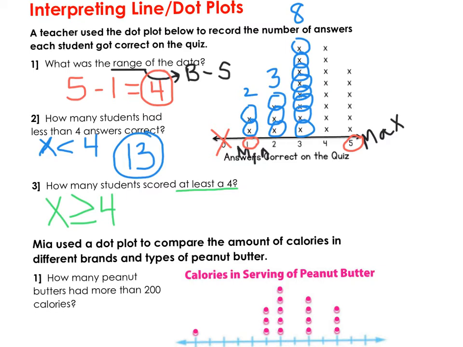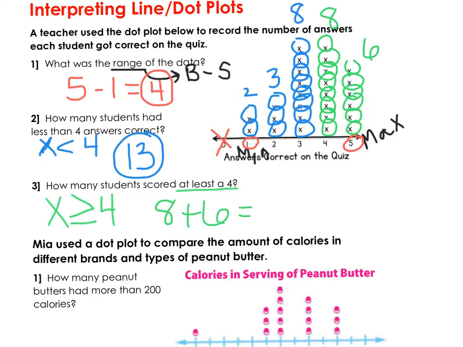Here I see 1, 2, 3, 4, 5, 6, 7, 8. 8 x's are above the 4. And 1, 2, 3, 4, 5, 6 x's above the 5. So I would just add up 8 plus 6, and 8 plus 6 gives me 14 students who scored at least a 4. Okay, so be careful with those inequalities.